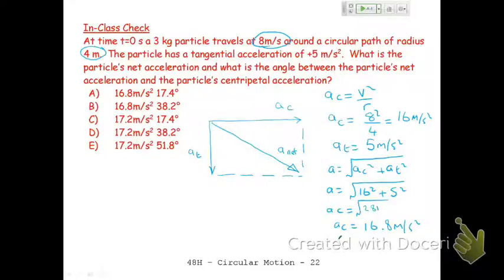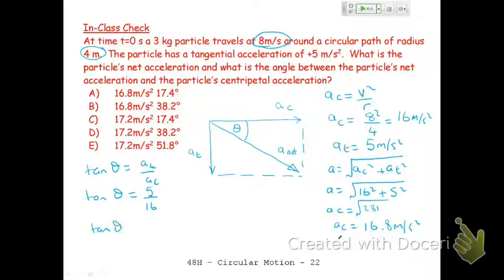And then the next thing is, what about the direction? What is the angle between the particle's net acceleration and the particle's centripetal acceleration? So it's that angle that it wants. Tan theta is equal to AT over AC, so tan theta is equal to 5 over 16, since AC we said was 16.